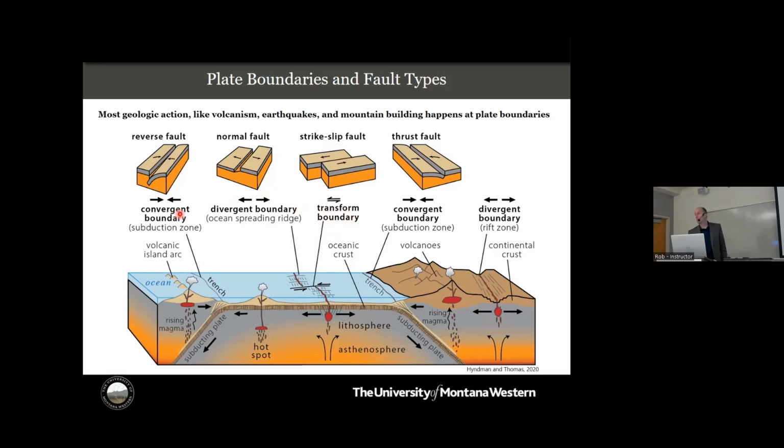Convergence, obvious, right? This is where the plates collide. Divergence, where they pull apart, and transform, where they slide one past the other. So why are these important? Well, because this is where everything is happening. Volcanism, earthquakes, mountain building, and the creation of topography, the formation of mineral deposits occur at these plate boundaries.